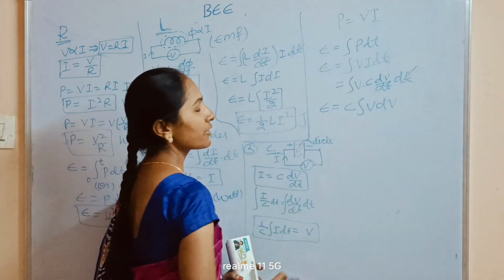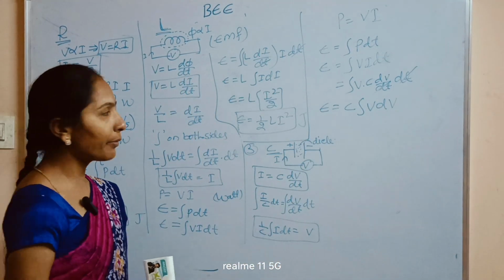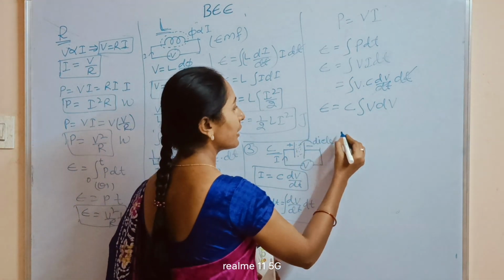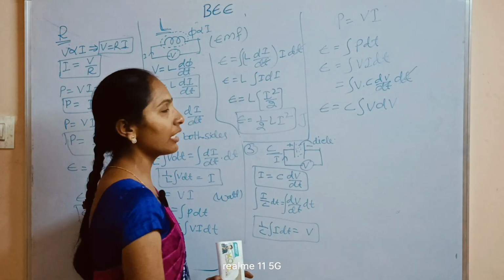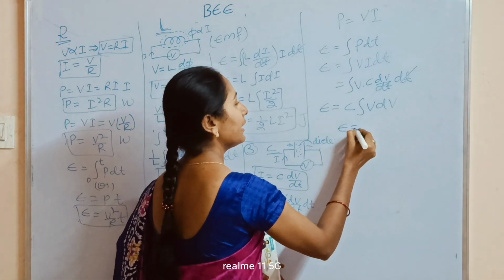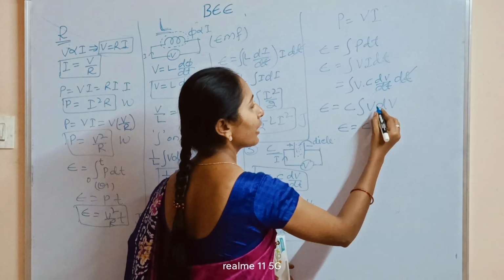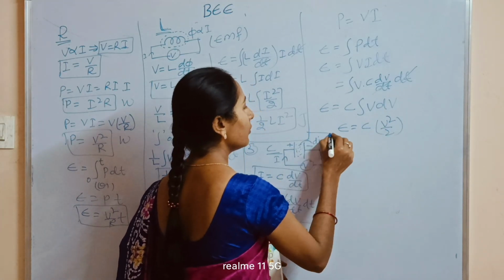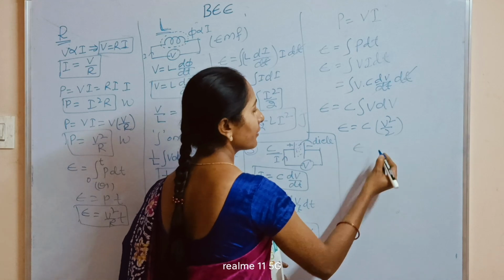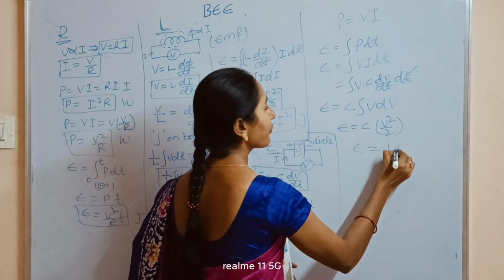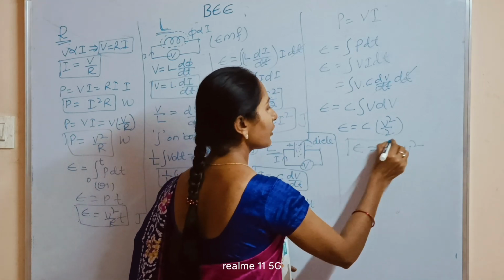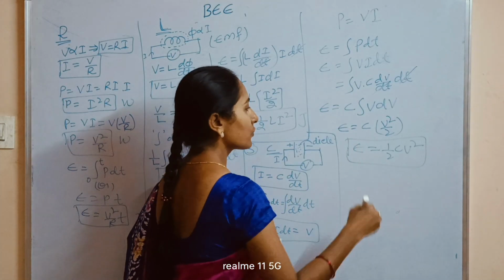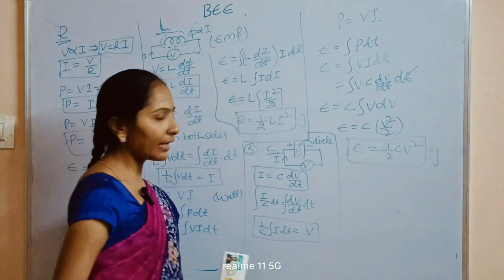Again, integration of x dx is nothing but x square by 2. So from that formula, E equals C into V square by 2. So the energy equals half CV square. This much energy is stored in a capacitor.